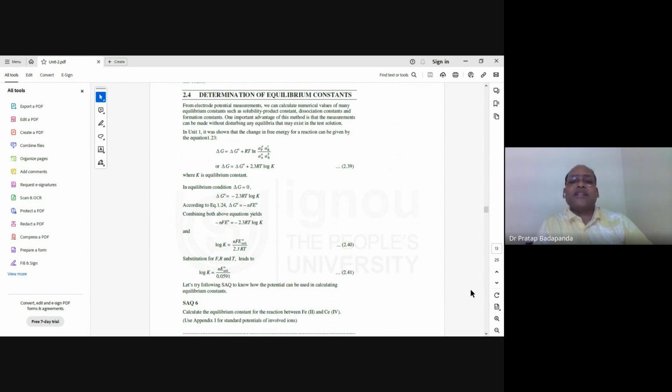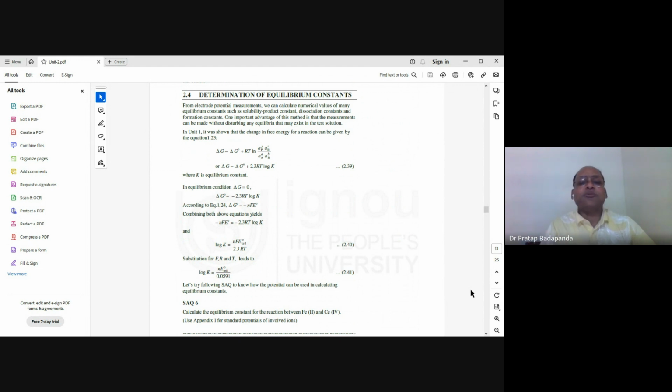From electrode potential measurement, we can calculate numerical values of many equilibrium constants such as the solubility product constant, dissociation constant, and formation constant. One important advantage of this method is that the measurement can be made without disturbing any equilibria that may exist in the test solutions. Nothing will be disturbed. So that's why it is an important method.